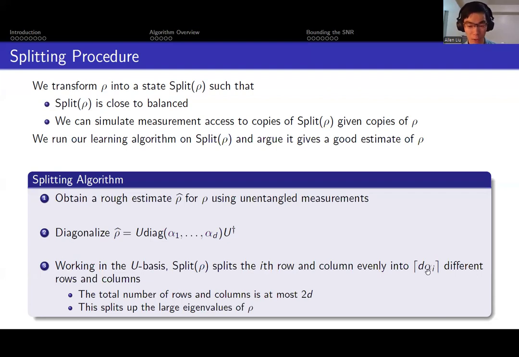If the eigenvalue is alpha i, then we split this row and column into d times alpha i different rows and columns. So for each large eigenvalue, we split it up into a bunch of smaller eigenvalues spread over multiple rows and columns. We can show that this blows up the total dimensionality by at most a constant factor, but this splits up the large eigenvalues of rho so that we end up with something that is close to balanced. And that's the reduction.